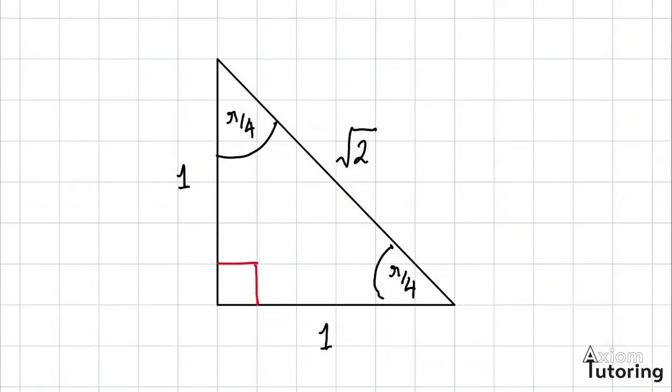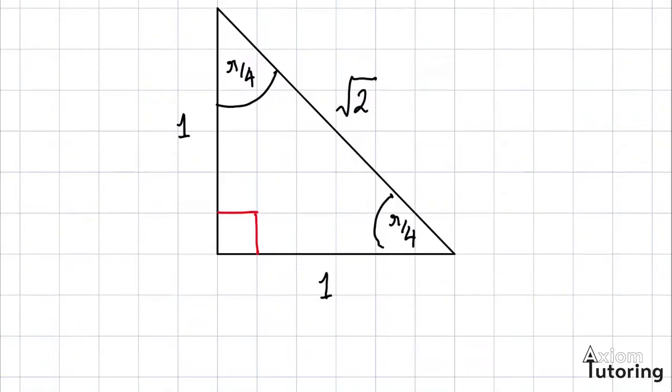So using this triangle, we want to recall our exact trig values for sine, cos, and tan of pi over 4. So how can we do that? Well, let's start with sine of pi over 4. So both of these angles are the same, so you can take either one as theta. So let's say we took this one here as theta.